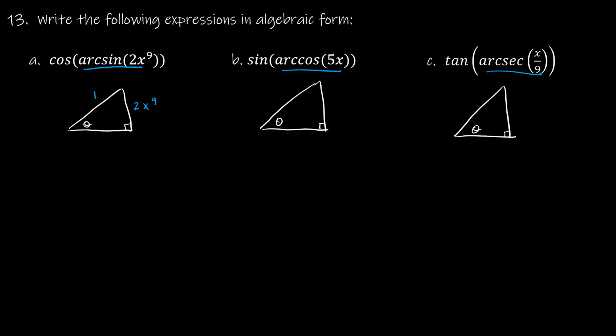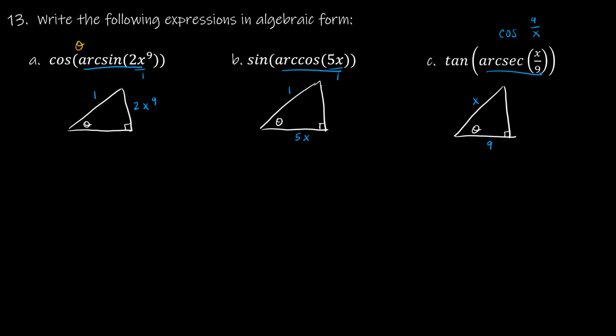Cosine is adjacent over hypotenuse. Secant is like the inverse of cosine, right? So this is actually like cosine of 9 over x. So cosine is adjacent over hypotenuse. So know how to do that part, because if you don't know that part, then you can't do any of it.